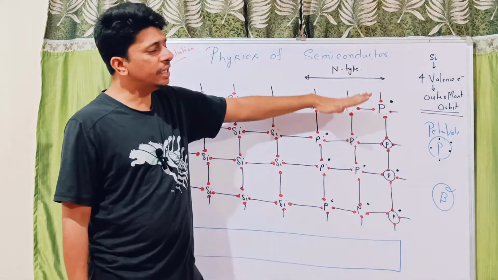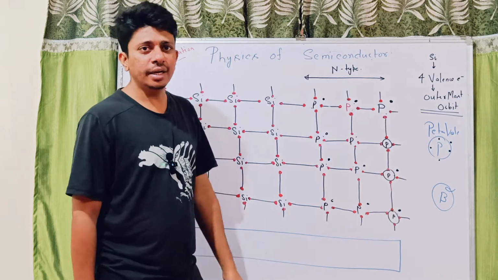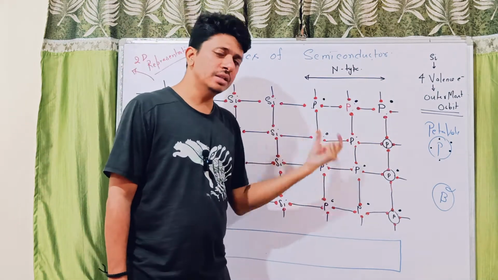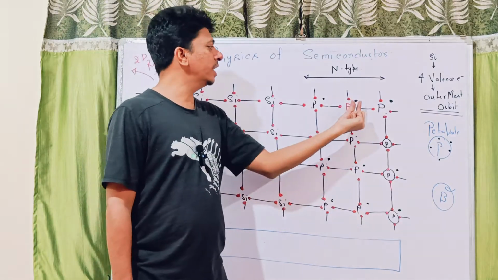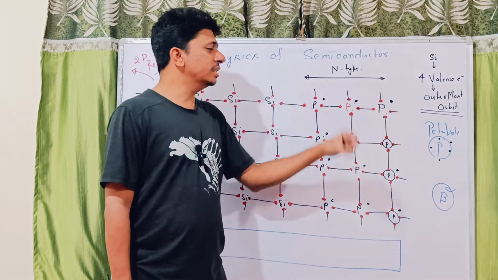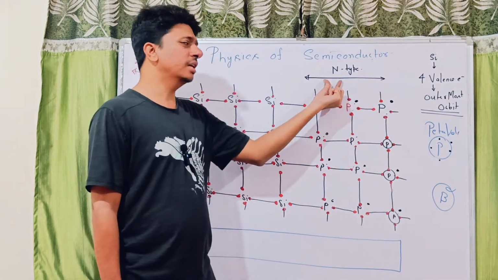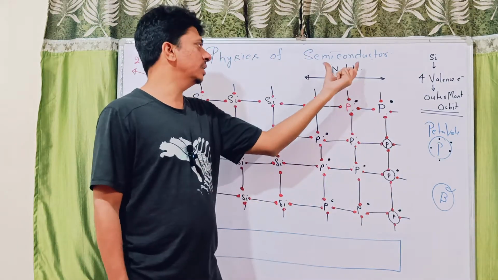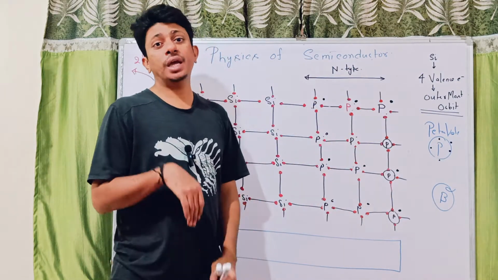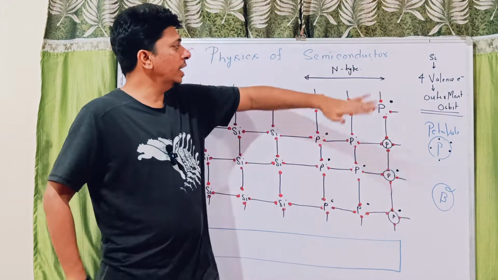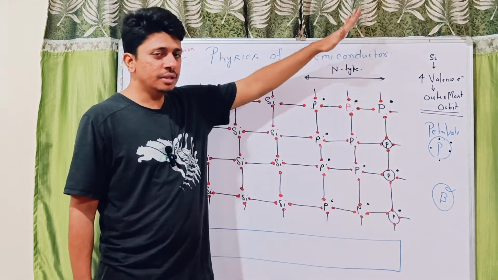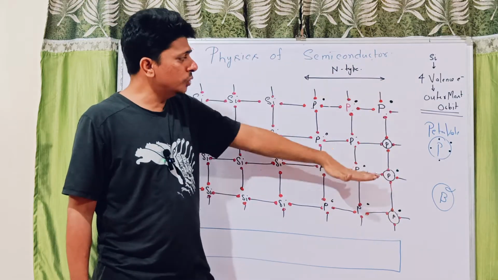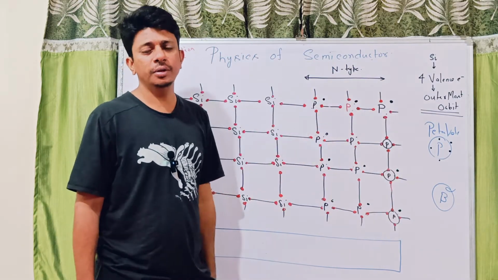Because you have inserted another atom, and these atoms create one extra electron, and this extra electron has negative charge, that is why this region is called n-type. So now this is called n-type material. In n-type material, this is produced by doping pentavalent impurities.